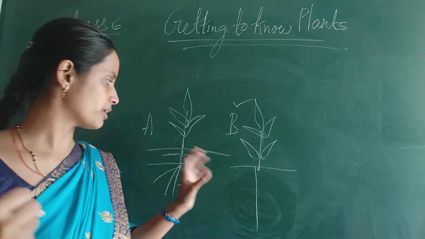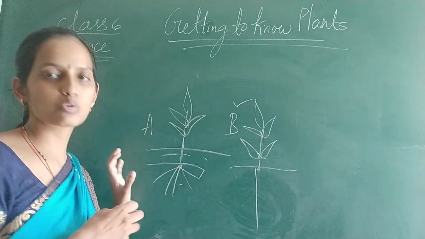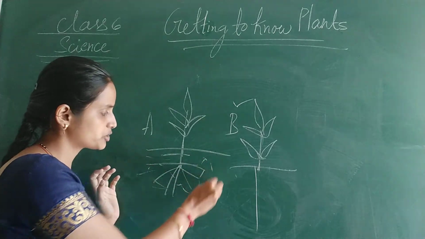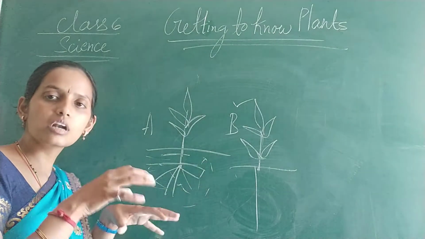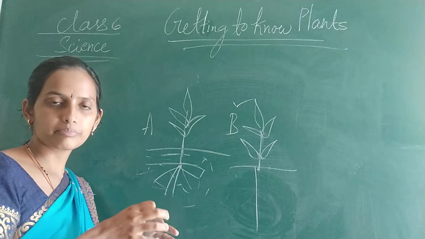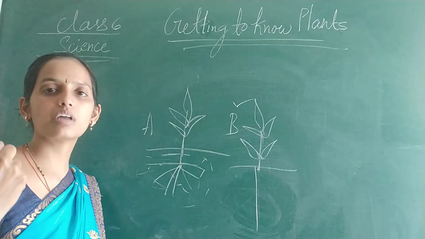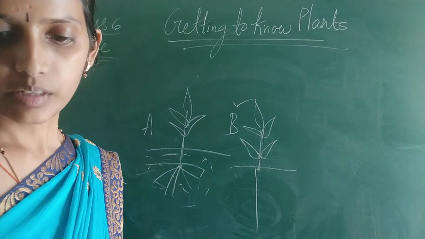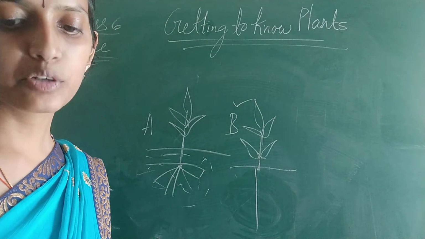and we can easily remove it from the soil. But this plant which has the root system is holding the soil, right? It is holding the soil or the ground very stiffly, tightly, and it is not easy to remove from the soil, right? So they anchor the plant into the soil.